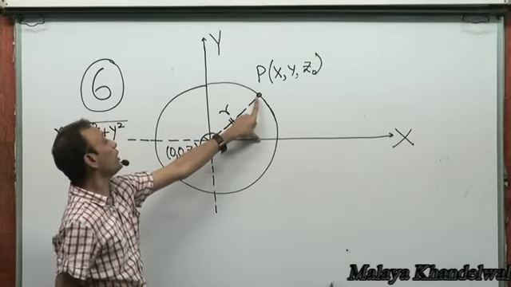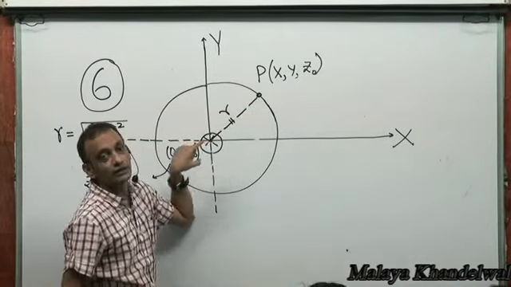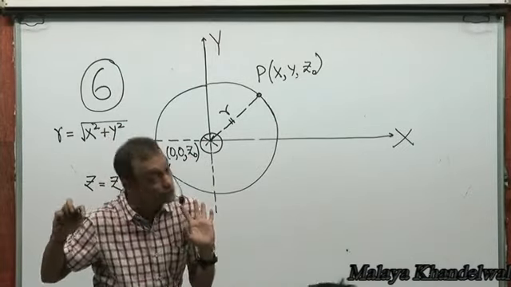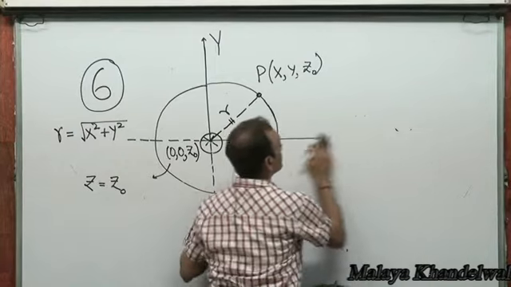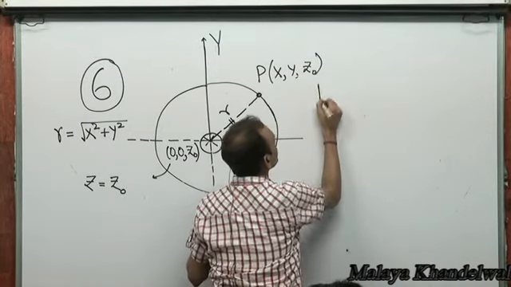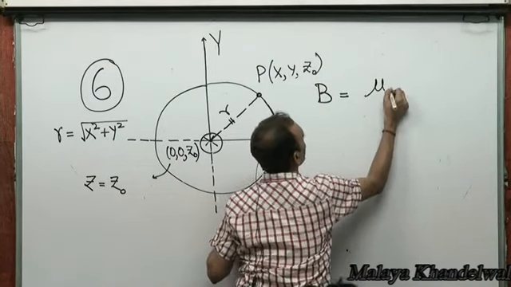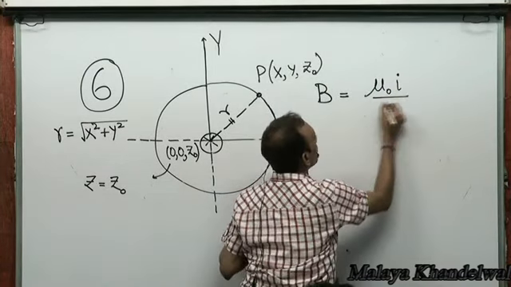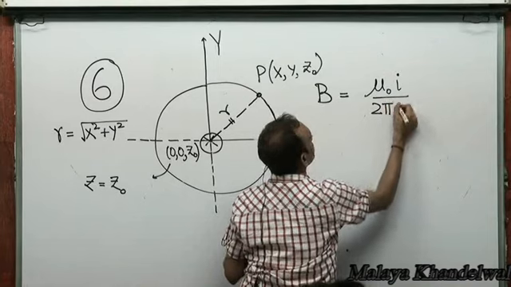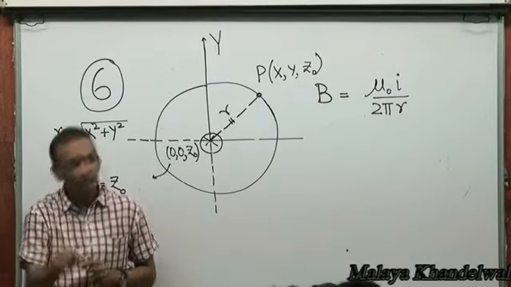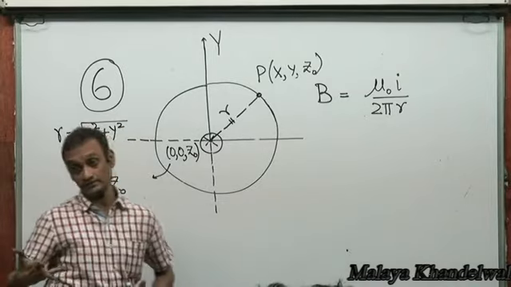The field at this point, if I is the current, is going to be mu naught I divided by 2 pi r. That's going to be the magnitude of the field, right? The magnitude of the field is going to be at this point mu naught I divided by 2 pi r, r is root x squared plus y squared. Clear? Now the direction of the field.